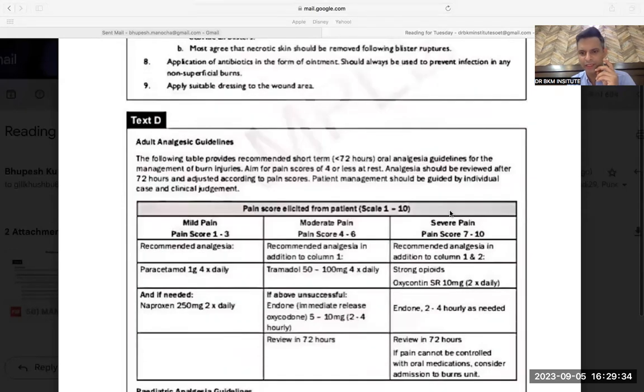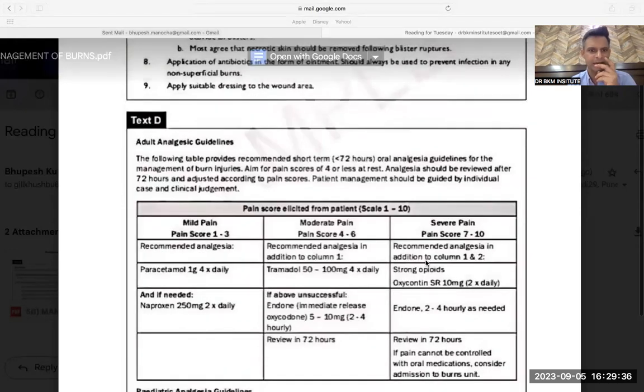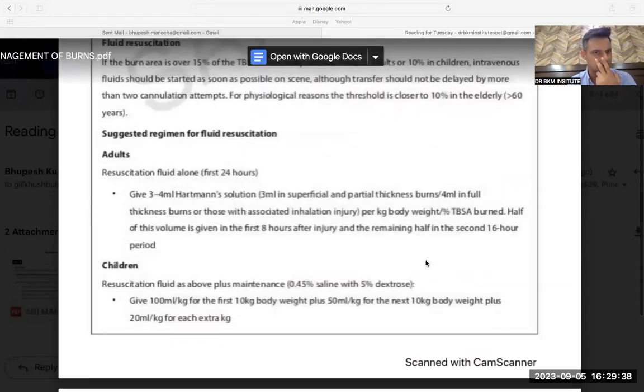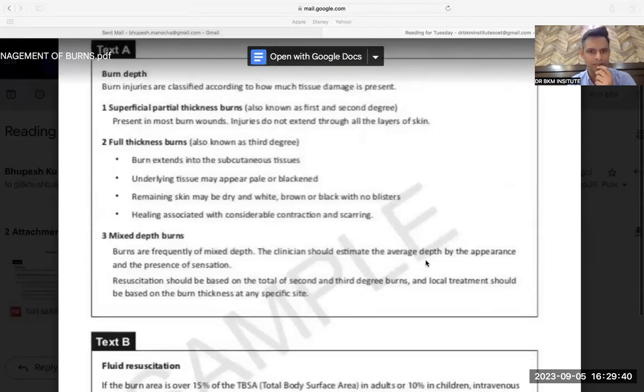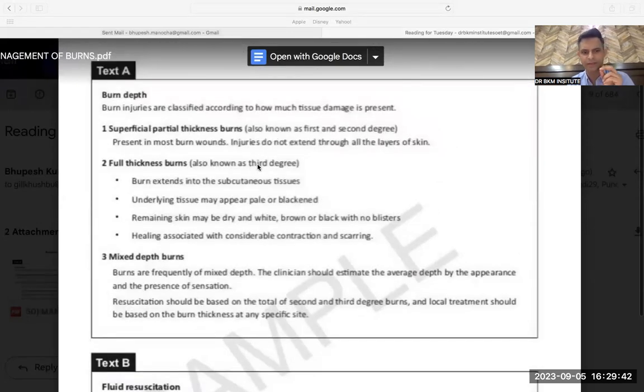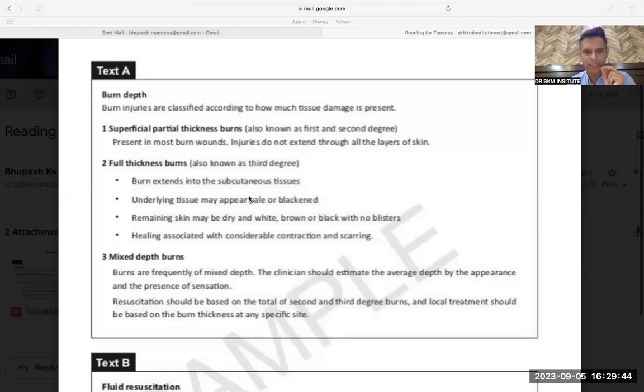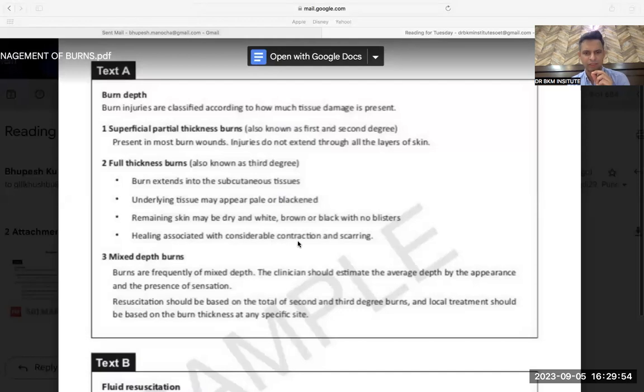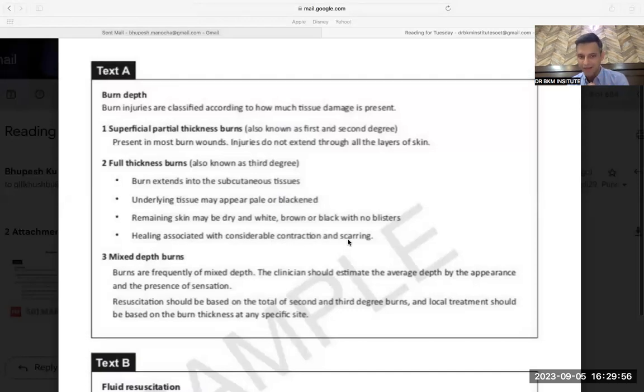I'm just trying to find here third degree burns, but it is the management part, it should not be there. So I should go into third degree burns. Extends into subcutaneous. Here I need the word skin. Remaining skin can be dry and white or black with no blisters. Healing associated with contraction and scarring.